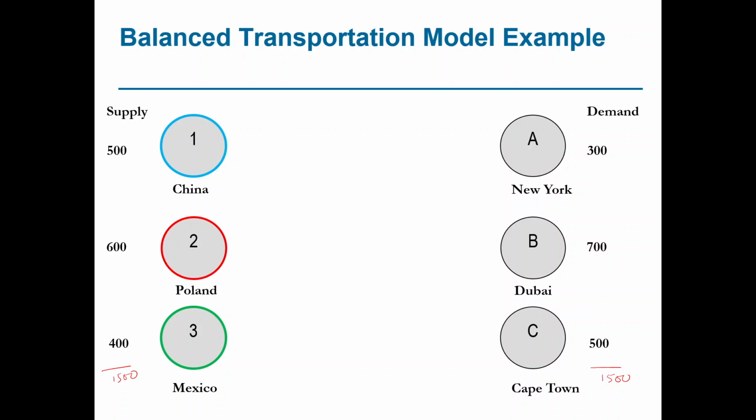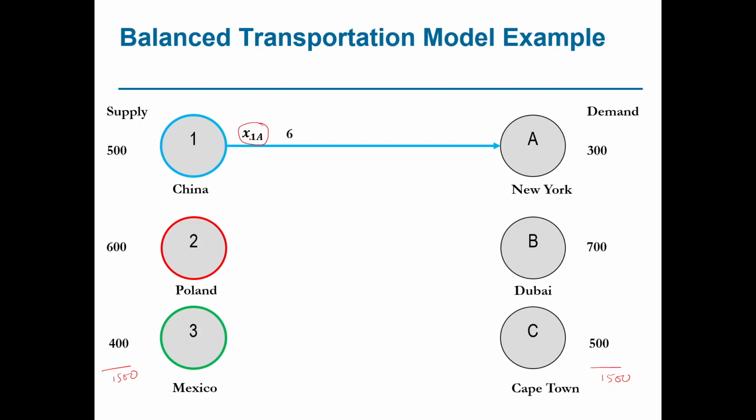From each supply node, we can draw an arrow, let's say from China to New York, and similarly we can draw an arrow from China to Dubai and China to Cape Town. Here the quantity which is shipped from China to New York is represented as X1A.